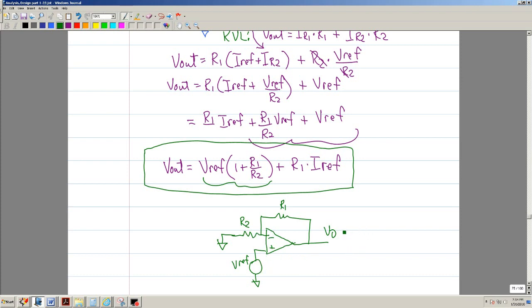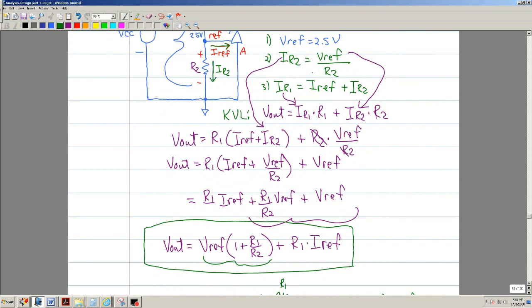Okay, and I'm not sure if you remember the equation for this, but basically it's kind of like an op-amp. So that's another way of thinking about it.